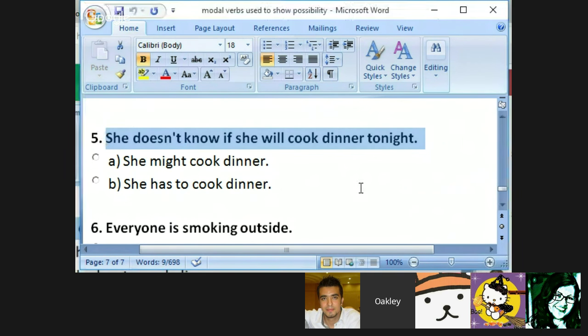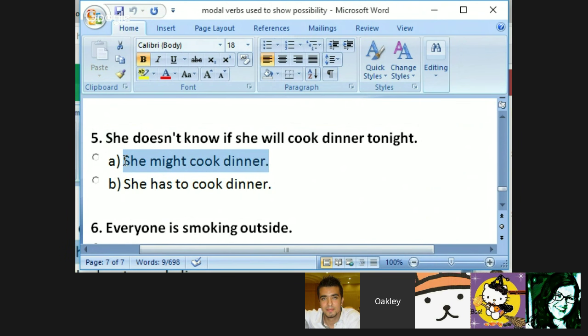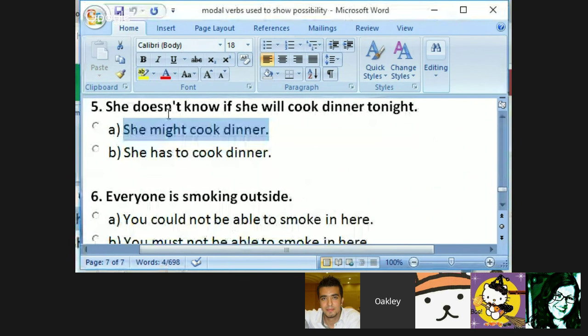We can basically say the same thing in a roundabout way without really using a modal, and usually using will, a future tense, for example. Notice she doesn't know if she will cook dinner tonight. We can infer immediately that there's some probability involved here. Maybe, maybe not. 50%. So it is possible to avoid using modals and still get the point across.